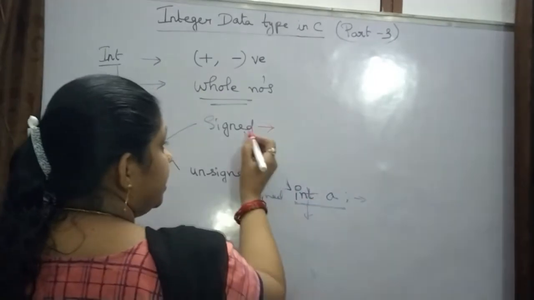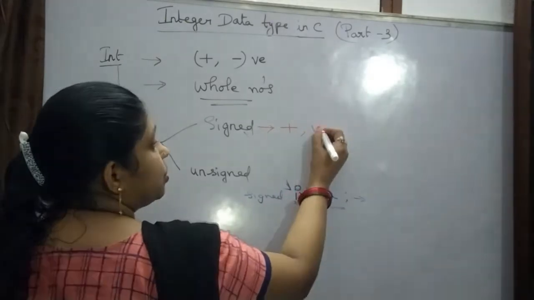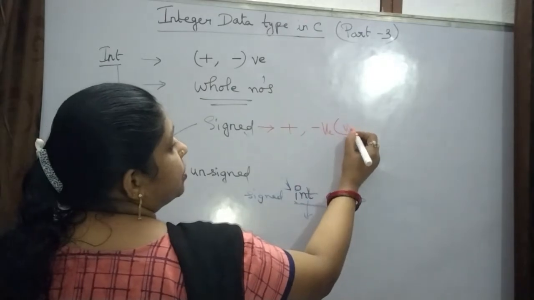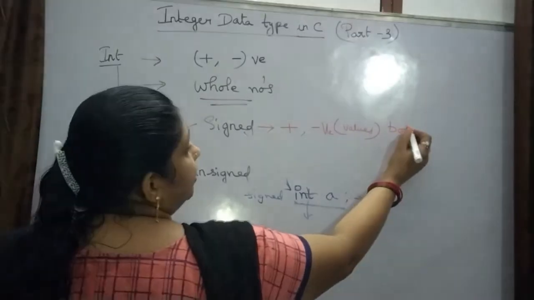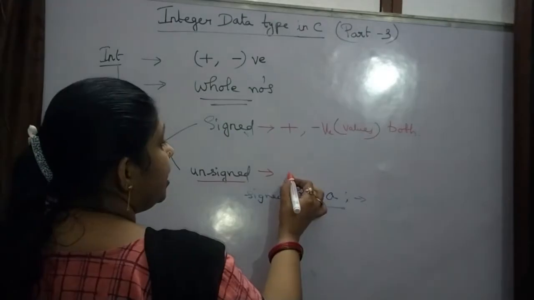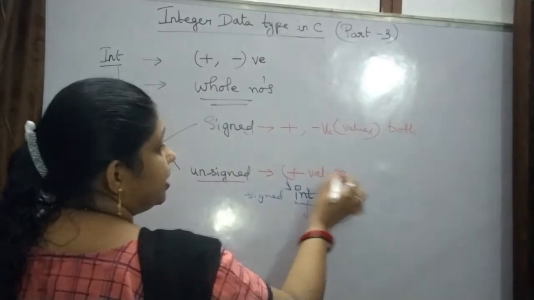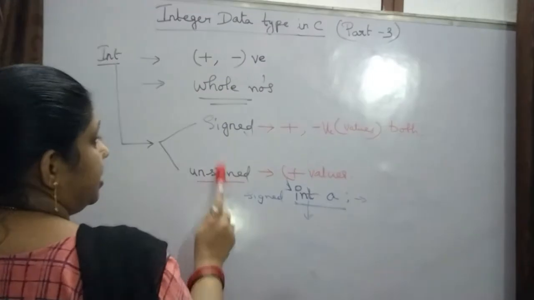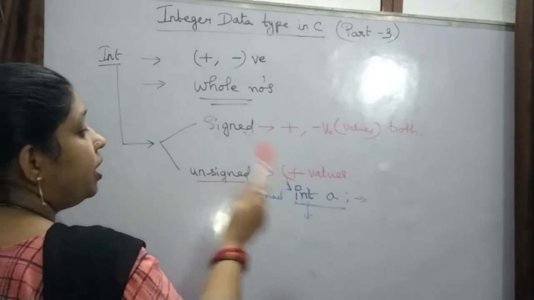That means the signed classification will take both positive and negative values. But when you come to unsigned, it is going to take only positive values. So this is the difference between signed and unsigned. Signed will take both positive and negative values. Unsigned will take only positive values.